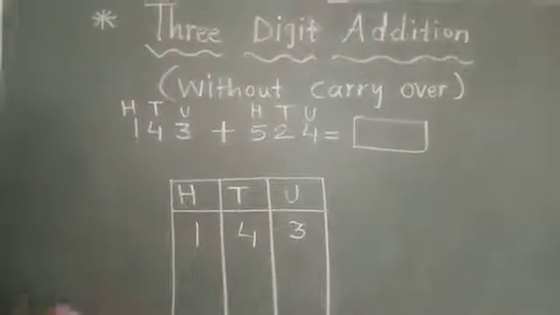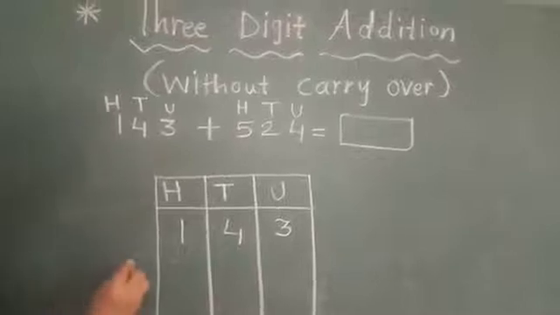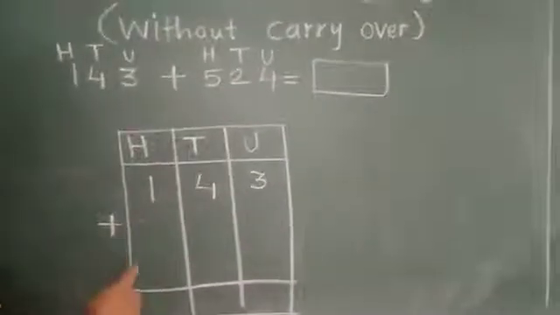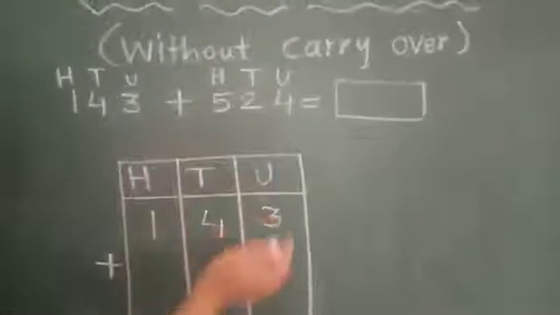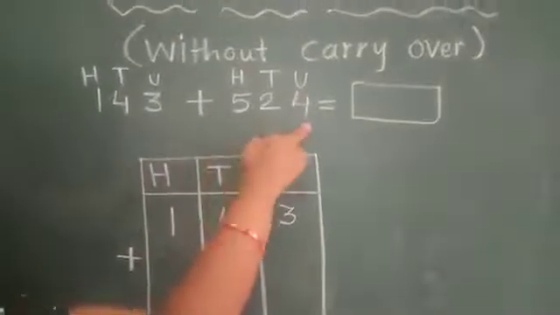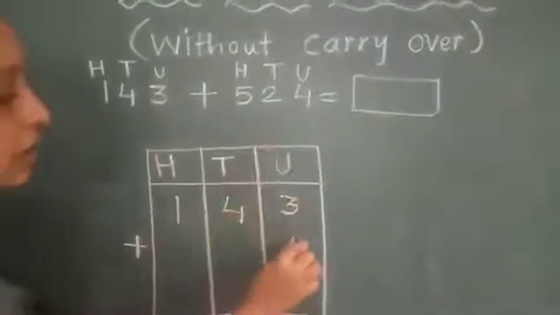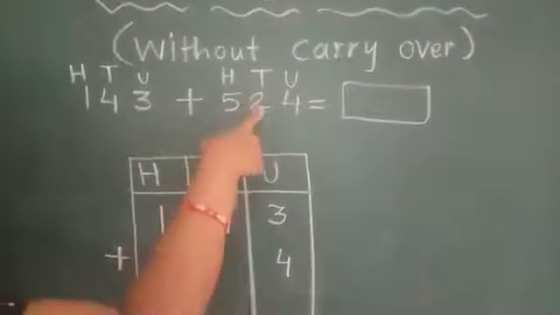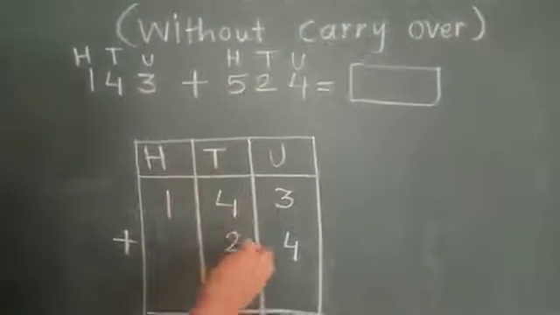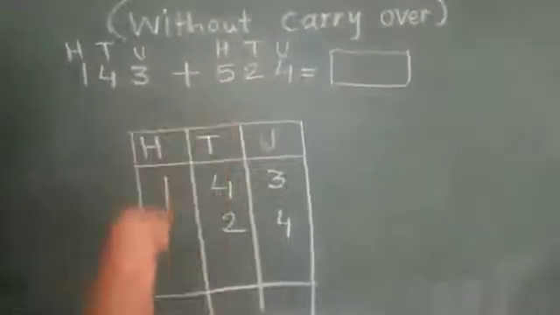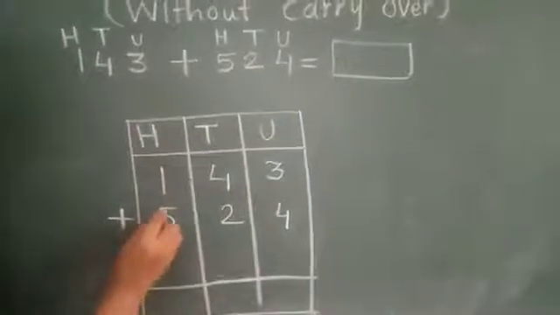Now don't forget the sign of addition. Here you should put the sign of addition. Now again the second number 524. Here in the unit side number 4 is there. In the tens side number 2 is there. And 500 is there. Then we will put this 5 in the 100 column.